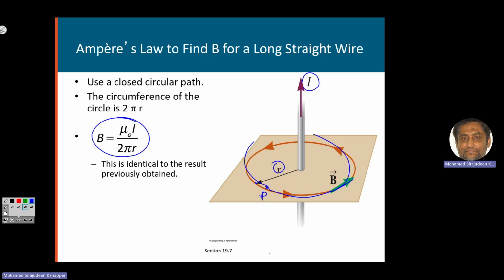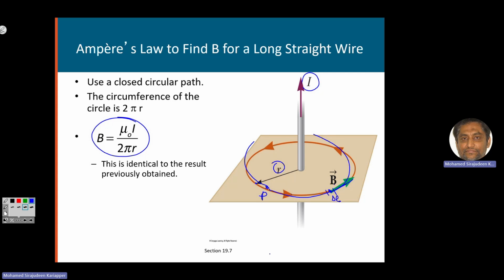From right hand rule number 2, I put the thumb in the direction of the current, and the magnetic field will also be in the counterclockwise direction. At this point, let's say we take a small delta L, and the magnetic field is B.